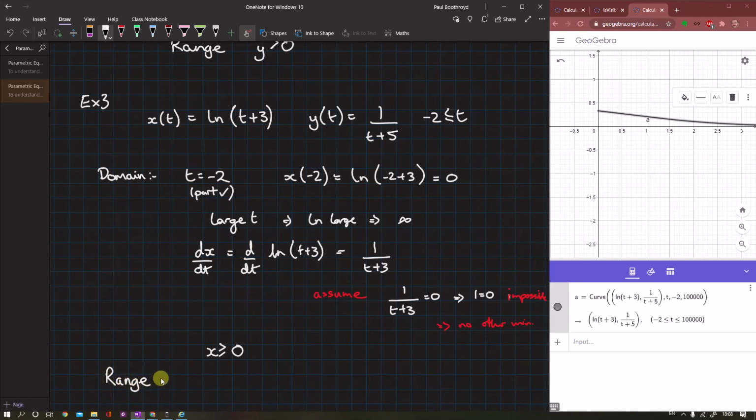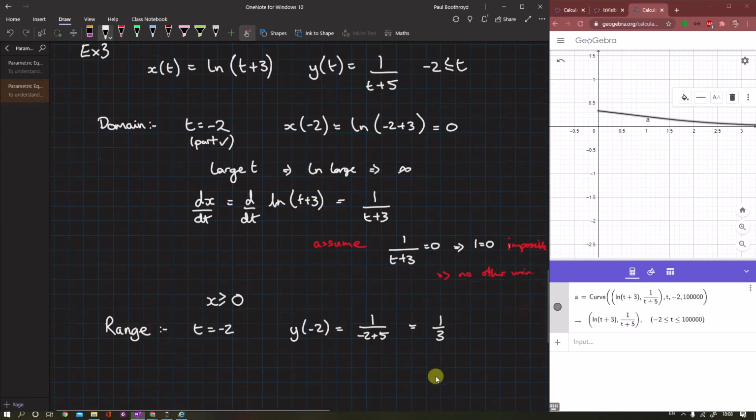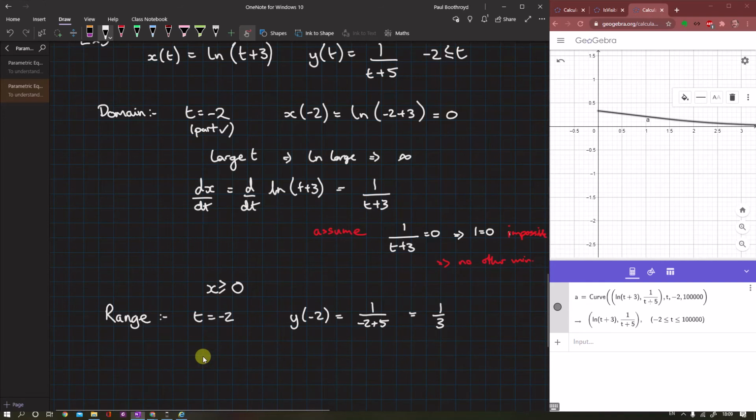And the range of the function, we do the same idea. We say what happens when t is -2. Well, y of -2 is going to be 1 over -2 plus 5, which is 1 over 3. So we can have a value of 1 over 3. Also see what happens for large t's.